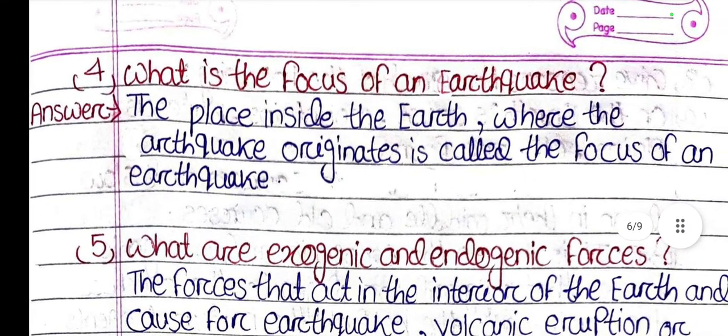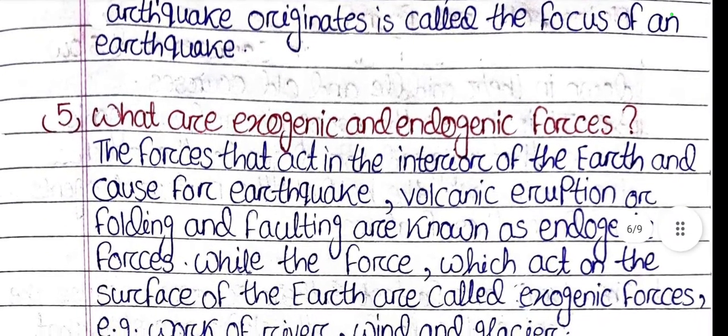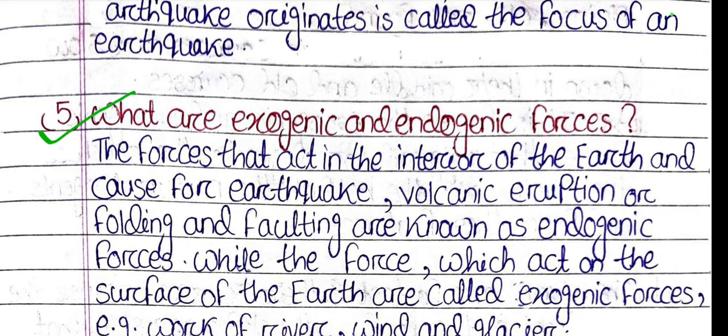The next question is, what is the focus of an earthquake? The place inside the earth where the earthquake originates is called the focus of an earthquake. The next question, what are exogenic and endogenic forces?